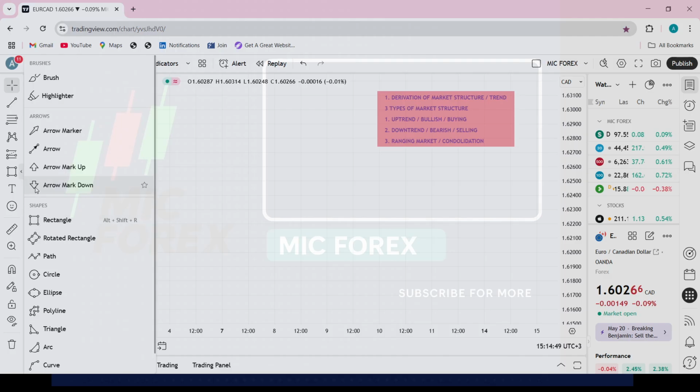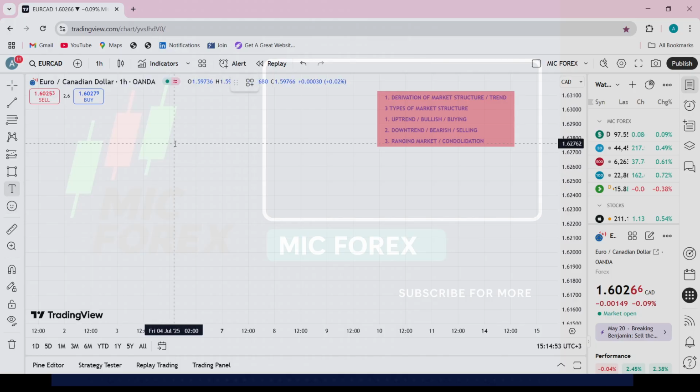Now, consider a market that is moving in this manner. So first of all, let's start with number one, uptrend. Let me derive for you what we call uptrend or just bullish market.